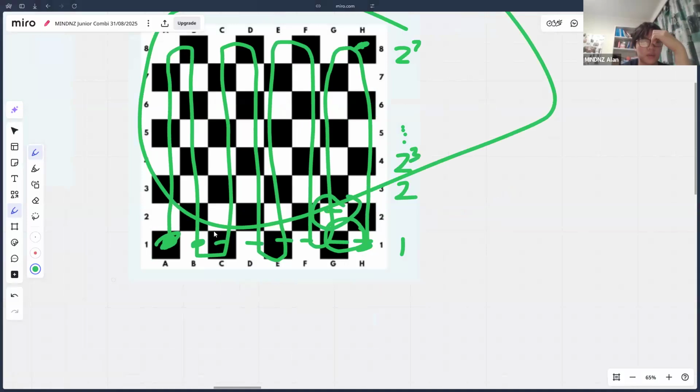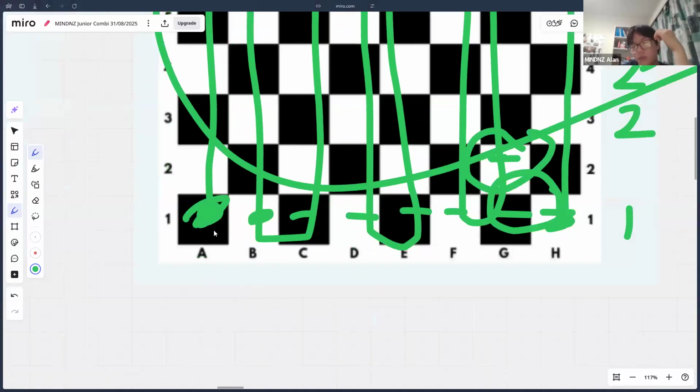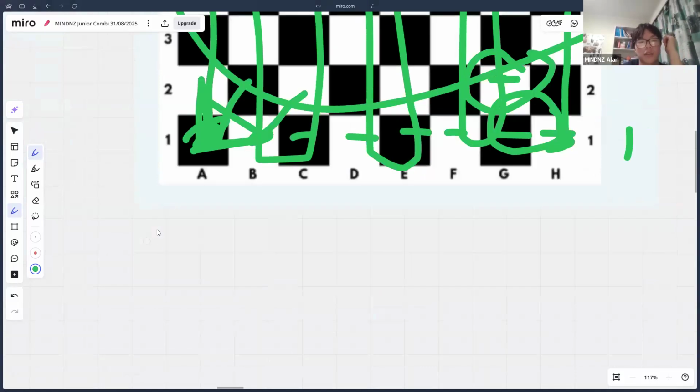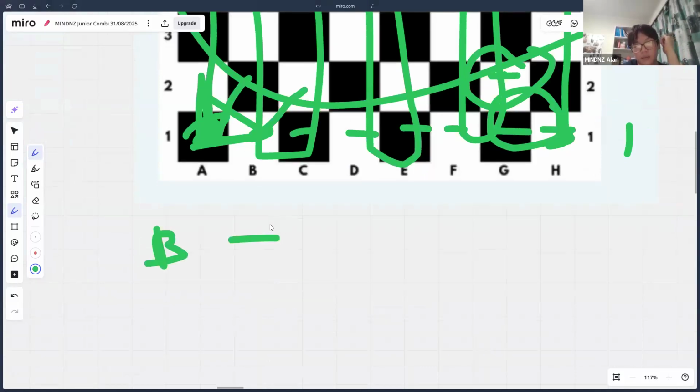So notice on the first move, from a black square, we must move to a white square, right? Because if we move from a black square to a black square, it must be diagonal, which is not directly adjacent. And from a white square, we must move to a black square, right? Because to move from a white square to a white square, it must be diagonal, which is not directly adjacent. So we know we have black to white, and we know we have white to black.